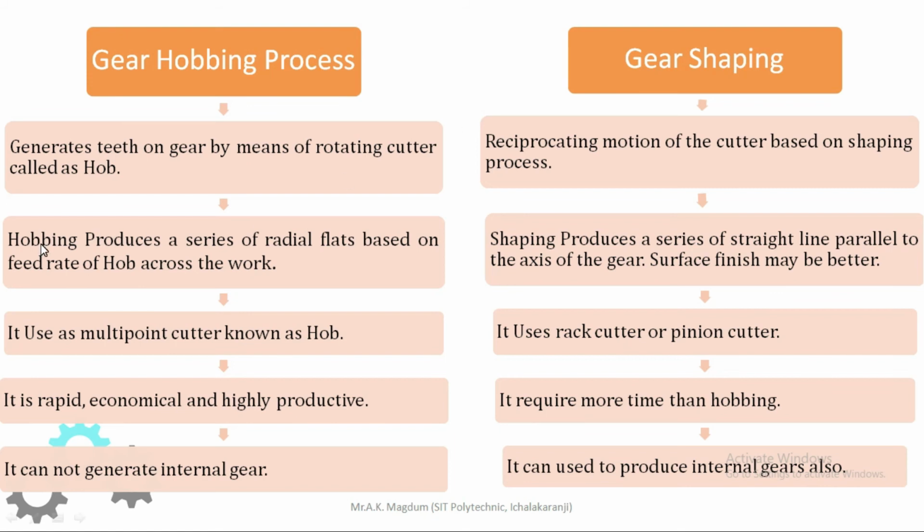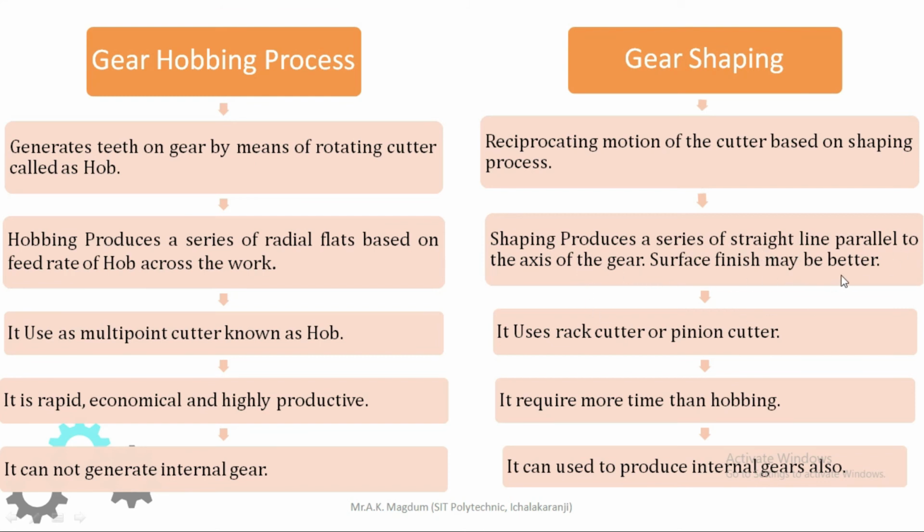Next, second, hobbing produces a series of radial flats based on the feed rate of the hob across the work. But shaping produces a series of straight lines parallel to the axis of the gear.